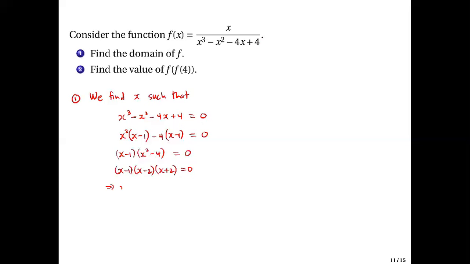This means that x equals 1, x equals 2, or x equals negative 2. Therefore, the domain of f is the set of real numbers except these three: negative 2, positive 1, and positive 2. So this is the domain of the function f.